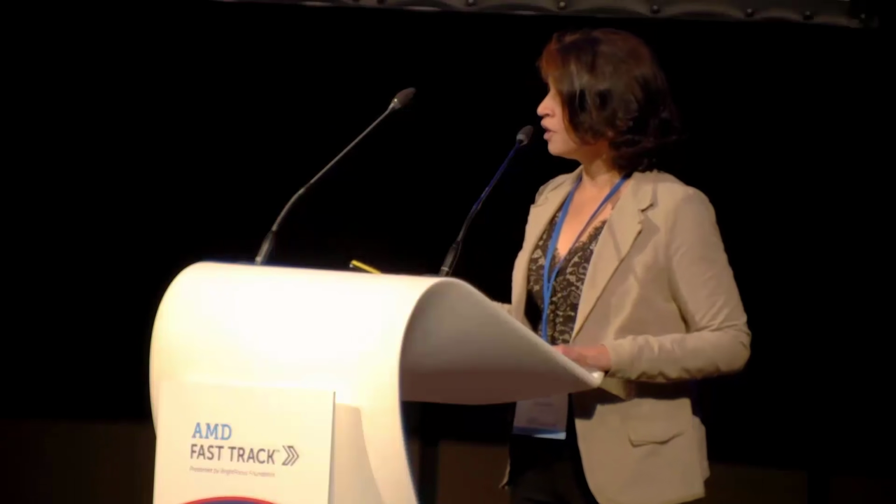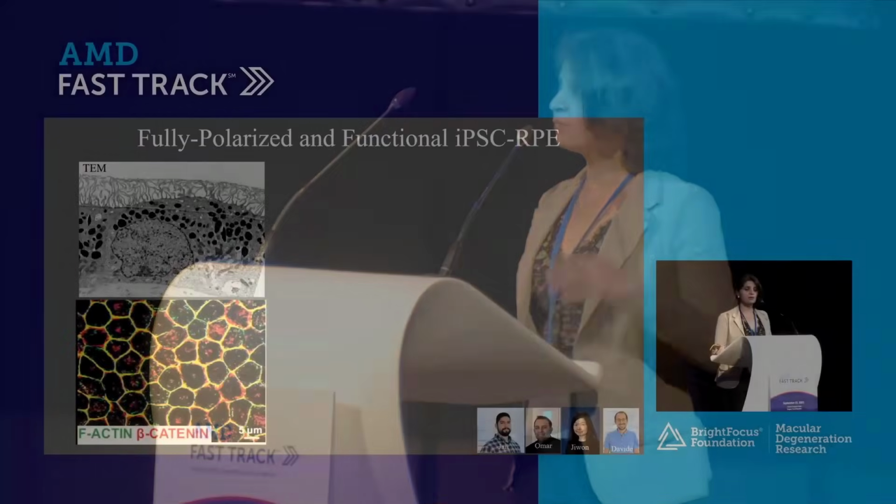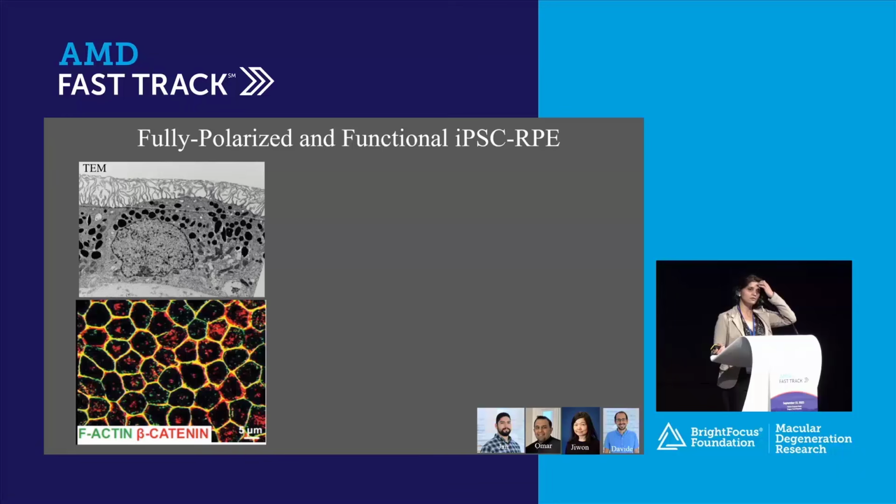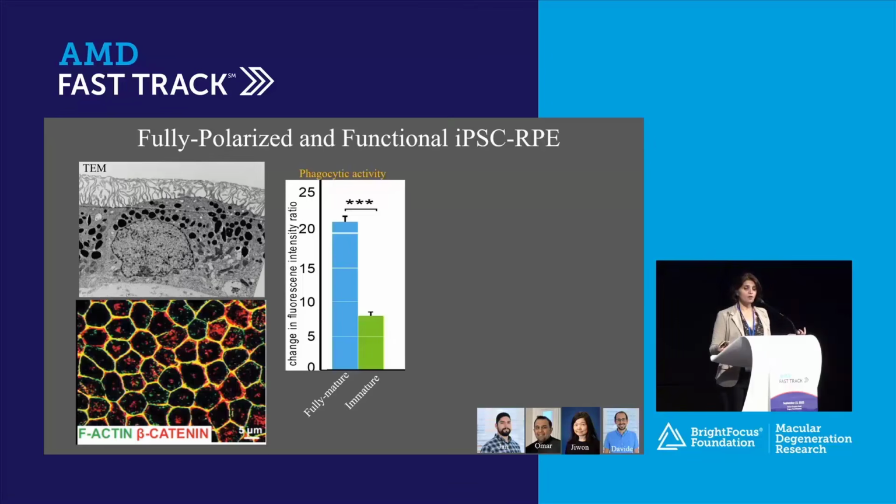For RPE cells, we know what different characteristics this tissue should have. For example, the top panel shows you the apical processes. You know these are important for this tissue. The bottom panel shows you how hexagonal the cells are. And now with the recent tools that our lab and others have established, you can actually measure the morphometry of these cells. Another important aspect of RPE cells is phagocytosis.